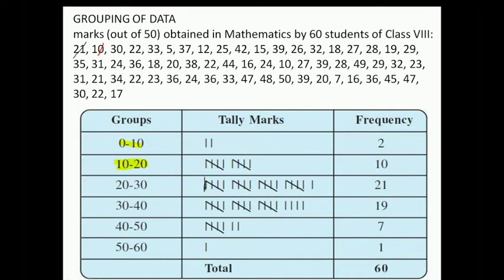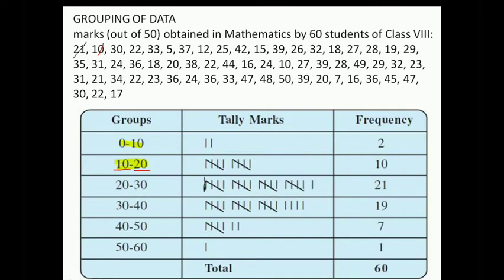This is known as group interval. There are two numbers, 10 and 20. 10 is smaller compared to 20, so 10 is known as lower class limit and 20 is known as higher class limit.